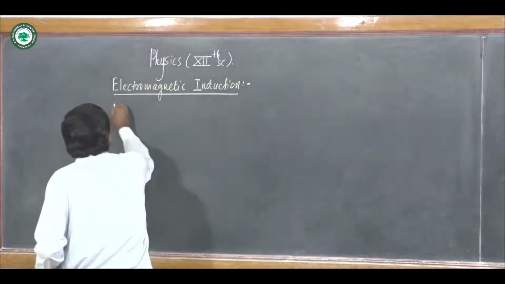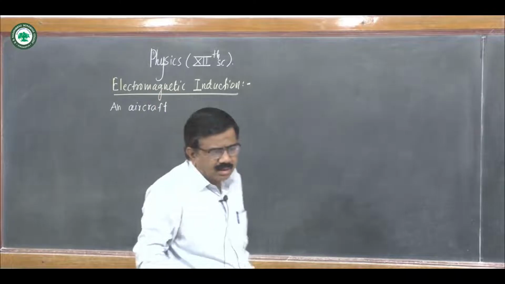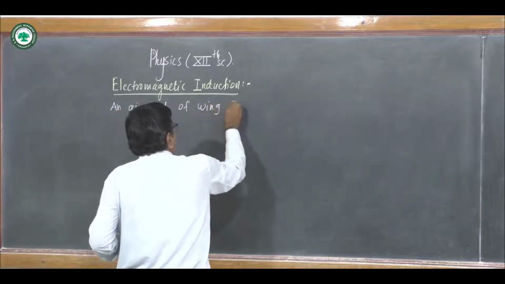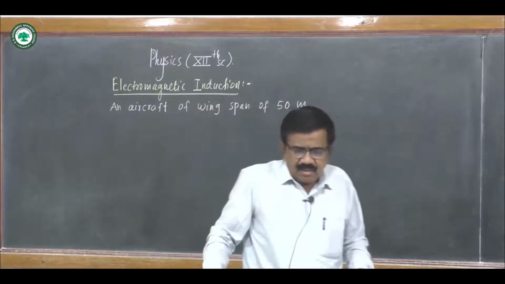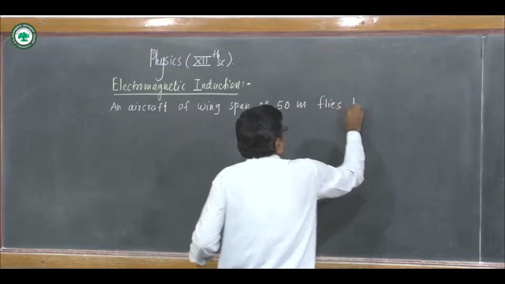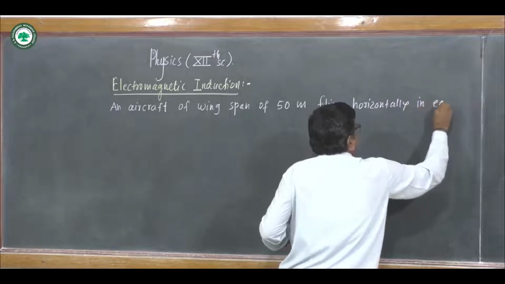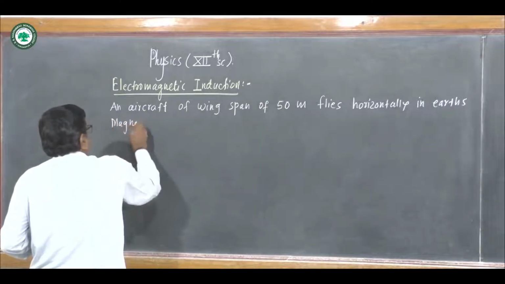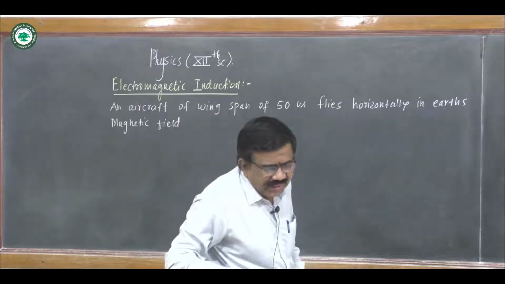An aircraft of wingspan 50 meter flies horizontally in Earth's magnetic field of 6 into 10 raised to minus 5 Tesla.